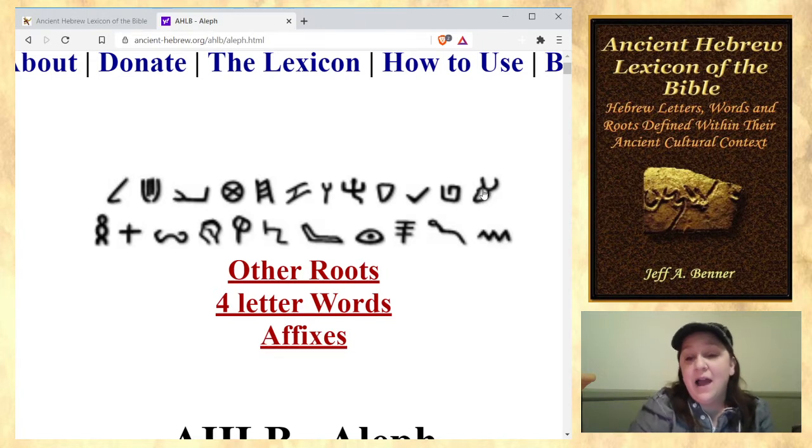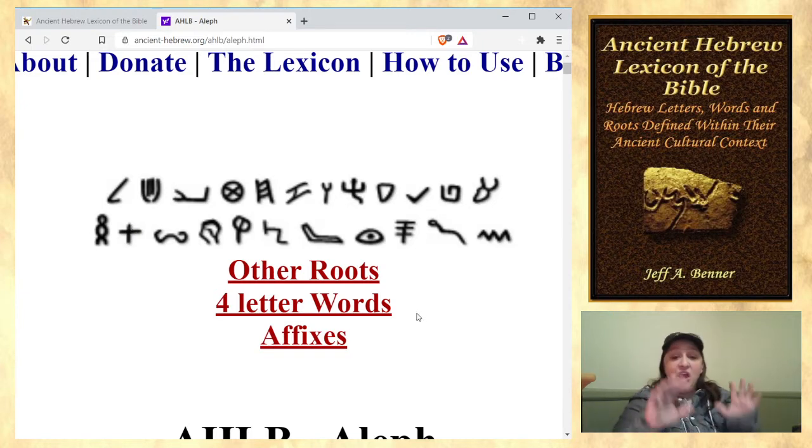So we have Aleph, Bet, Gimel, Dalet, Hey, Vav, Zayin, Het, Tet, Yod, Kaf, Lamed, Mem, Nun, Samech, Ayin, Pei or Fe, Tzadi, Kuf, Resh, Sin or Shin, and Tav.